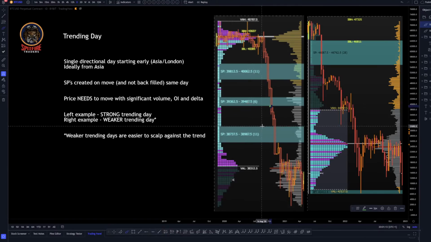Say you had plans because you've got a naked point of control here, for example. Are you going to take a scalp on that? No, because it's a strong trending day. We can already see, and when you've backed it up with the volume and the open interest and the delta and everything else, you're going to say, I'm not going to take any scalps off this. I'm just going to go with the trend. If I'm not in a trade here, if I'm not in a short already, I'm riding this down, I'm just going to sit on my hands and wait for a new range to form.